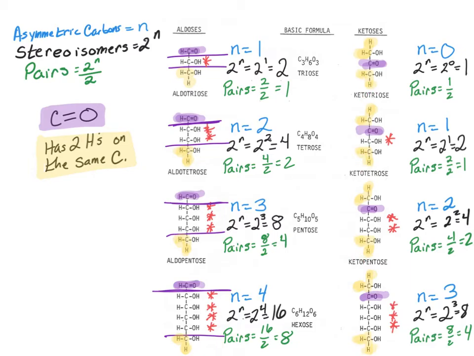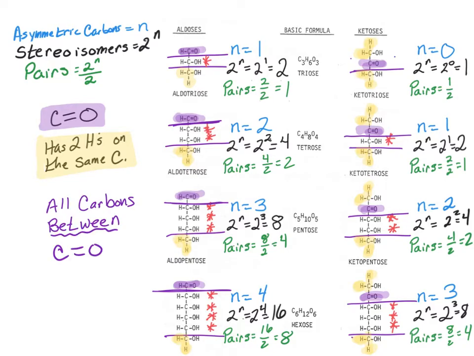And so we should see the pattern that anything below the C double bond O but above the bottom one has asymmetric carbons. So I like to summarize it this way. All of the carbons between the C double bond O and the bottom are all asymmetric carbons.